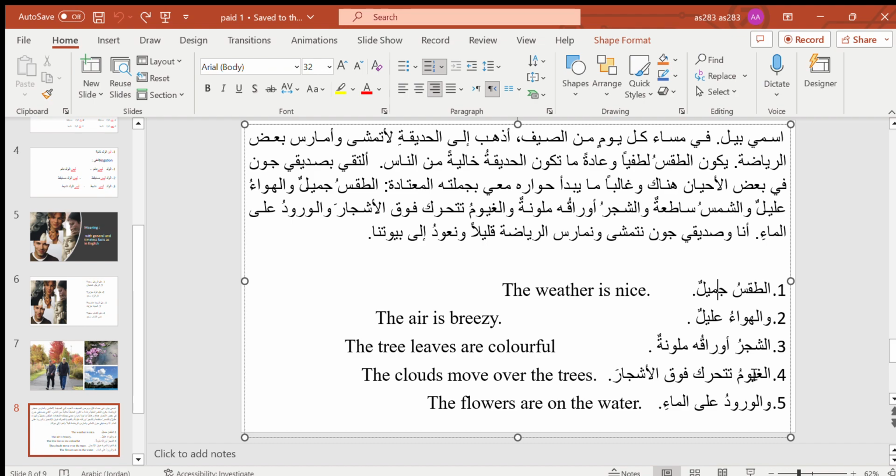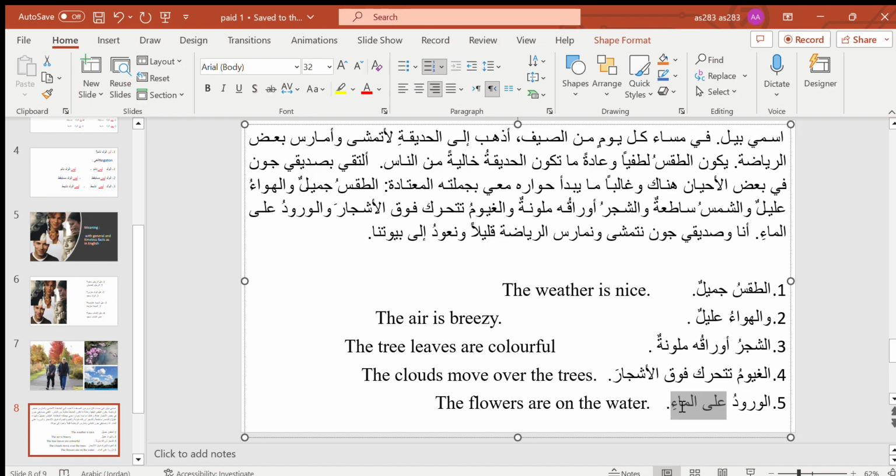Okay. And the last structure about subject and predicate in Arabic is الورود على الماء. So the flowers على الماء, on the water. Still, we don't have a verb here in this sentence, although we have a prepositional phrase here, على الماء.